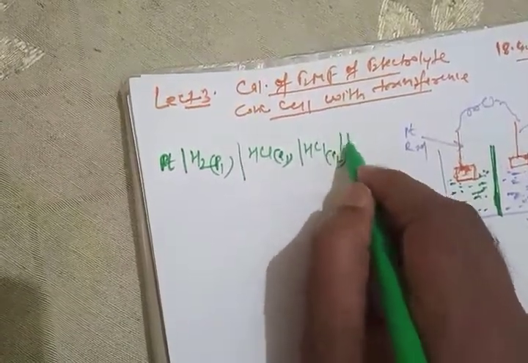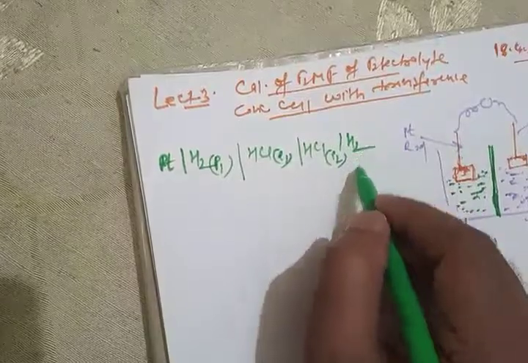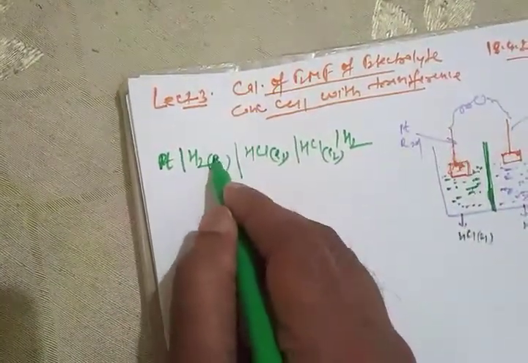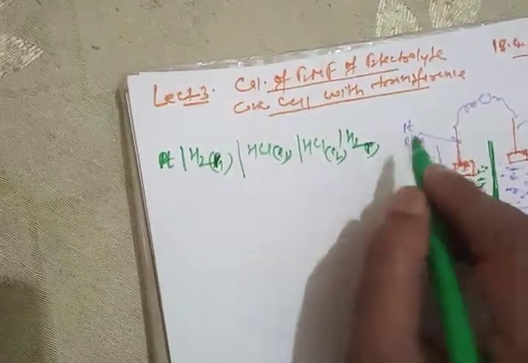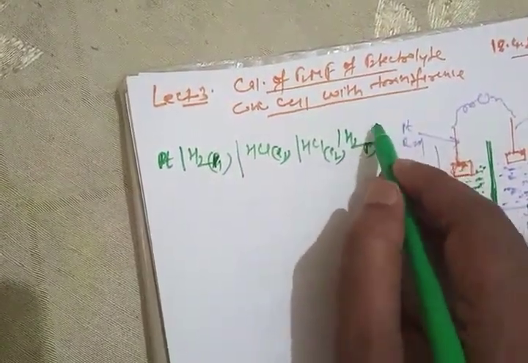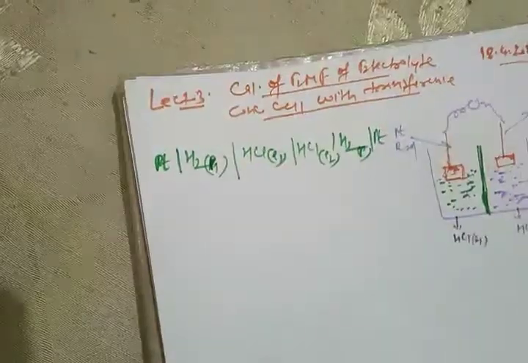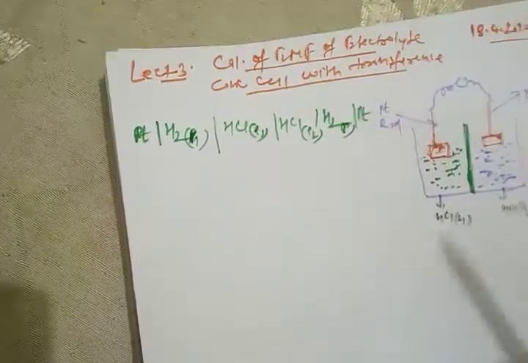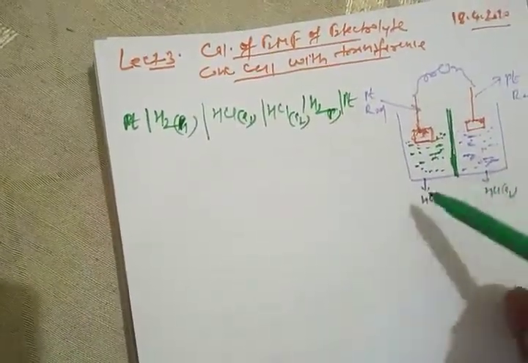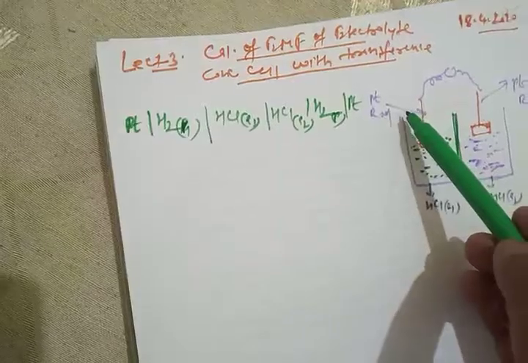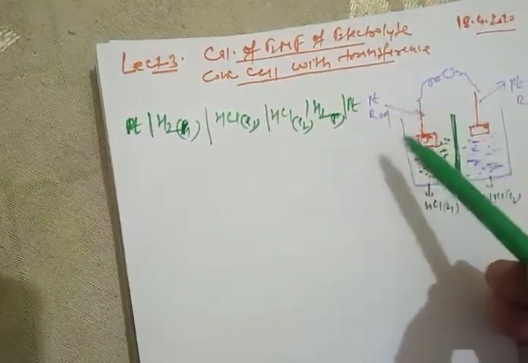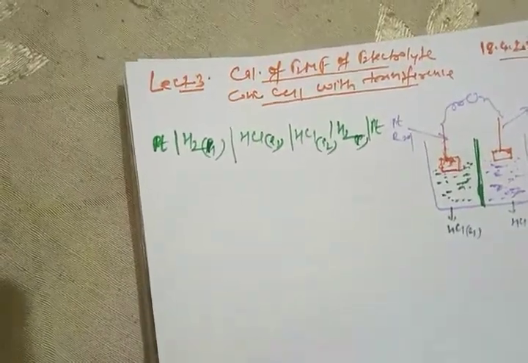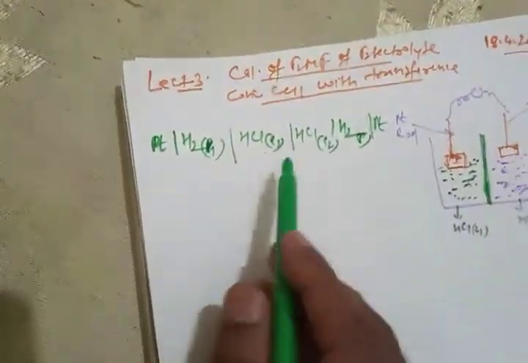Then the hydrogen, here the pressure will be the same, so you can write P only, because if you change the pressure, it will be an electrode concentration cell. As we are talking about the electrolyte concentration cell, only the concentration of electrolyte will differ. The electrode concentration will be the same, so the pressure is similar in both cases. So this is the schematic representation of the cell.